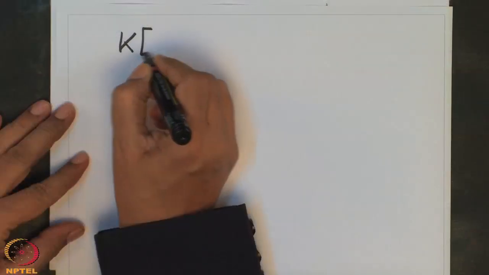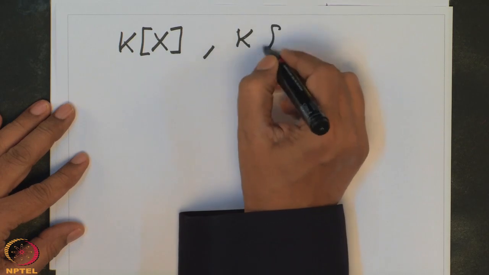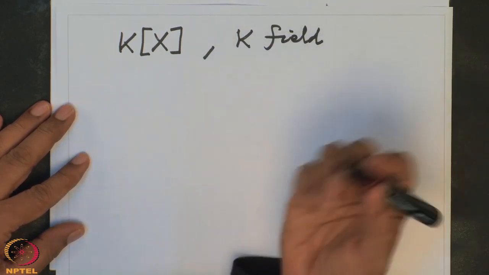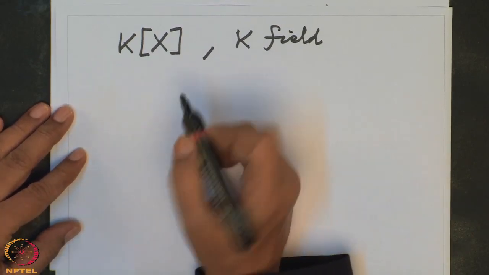So, for example, let us take our concrete example, K[x], where K is a field. This is our main interest in this course. K is an arbitrary field, may not be finite, may not be Q, may not be R, maybe C or arbitrary.